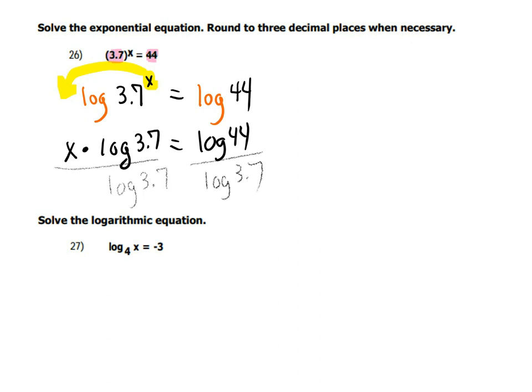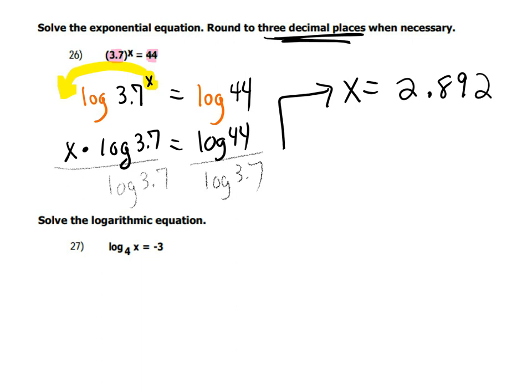And that is me and my calculator. So just be careful. You have to close that parenthesis after you type in the 44. And it says round to 3 decimal places. So that's going to be 2.89, and then I have a 2, 3. So the 2 stays a 2 because the next number is a 3.